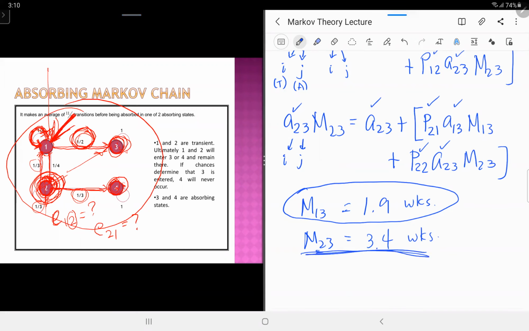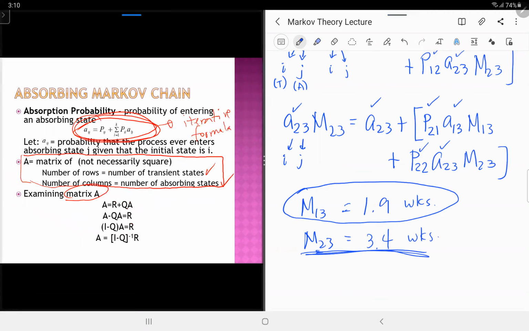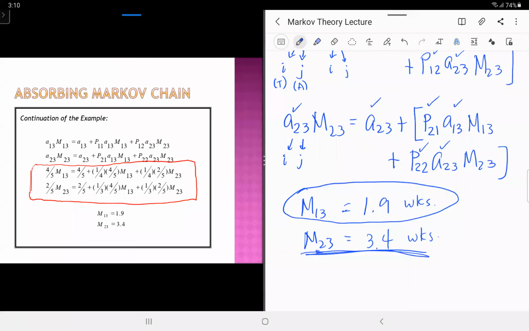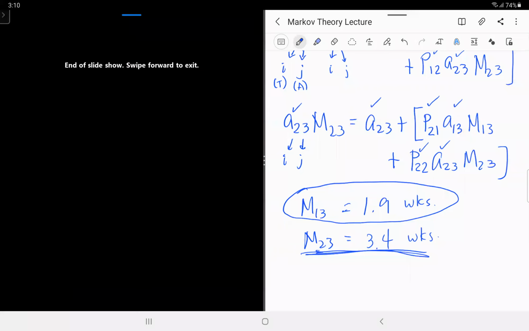So if there are no questions, then that actually wraps up all the computational aspects for Markov theory.